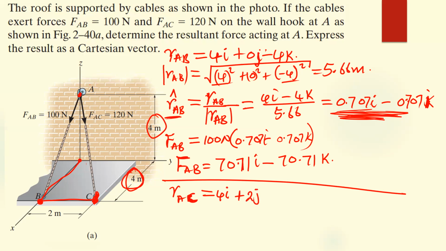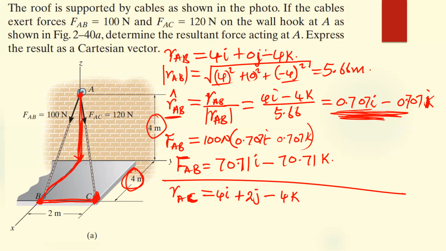And then in the Z, we are also moving 4 units, but of course in the negative Z. To come to this point from A to C, we move in the Z 4 units, in the X 4 units, and in the Y 2 units.